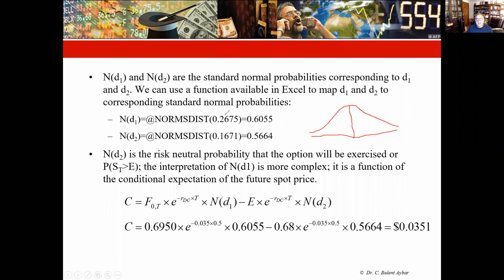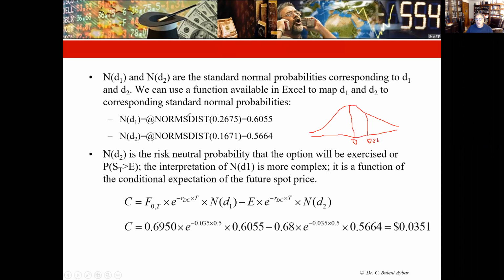So D1 is a value like this, around, this is 0, by the way. Standard normal distribution has 0 mean and 1 standard deviation. So the value, which is 0.26, should be somewhere around here, right?